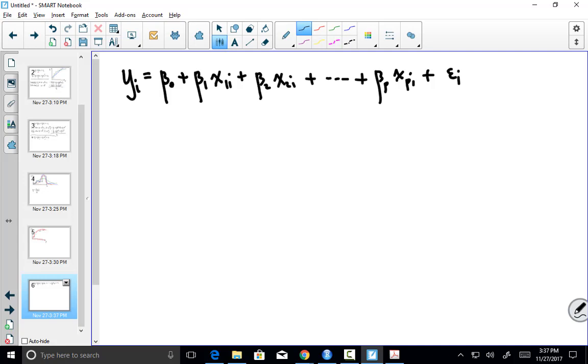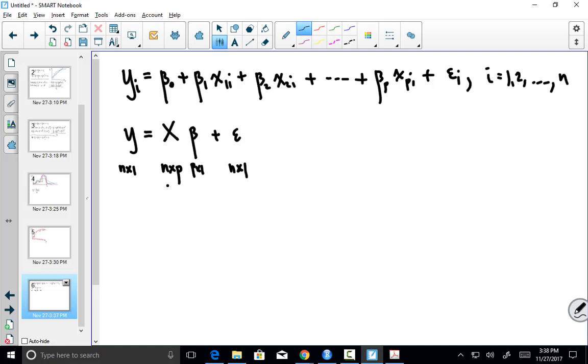This is one way to represent the model, y_i equals beta 0 and so on. An equivalent way is to say the vector of responses, n by 1, equals what's called a model or design matrix that's n by p, times a p by 1 vector of beta coefficients, plus a vector of errors. This is equivalent to this model.